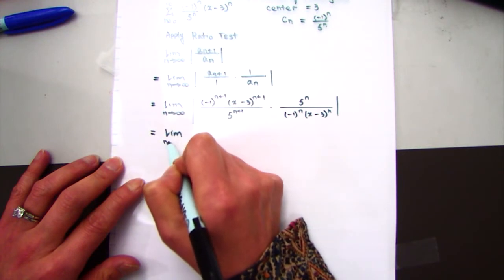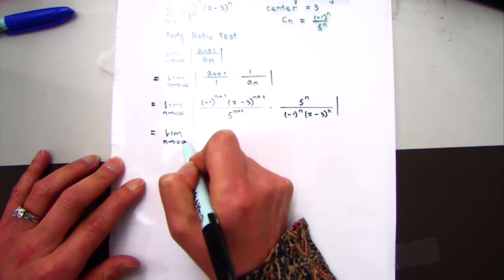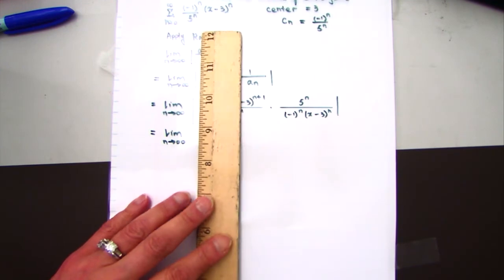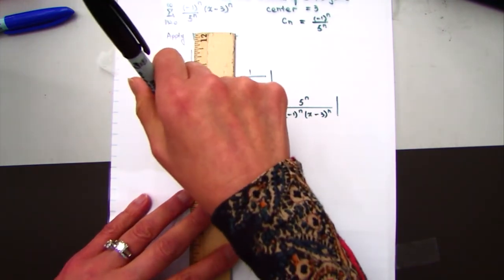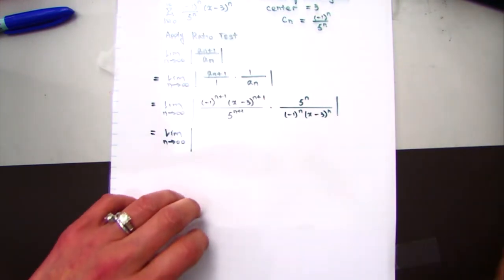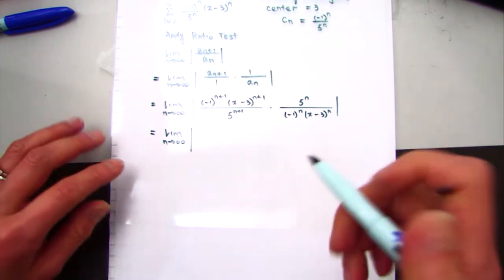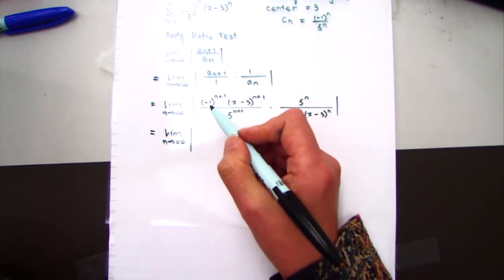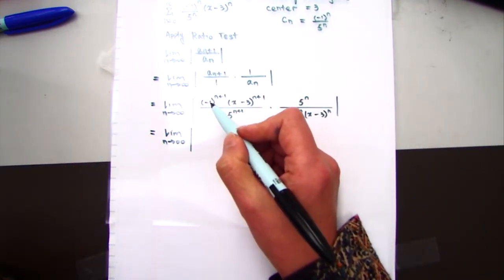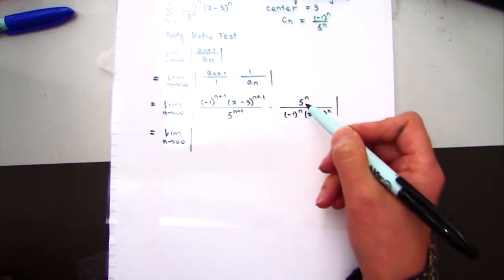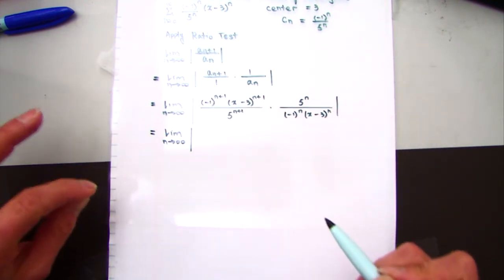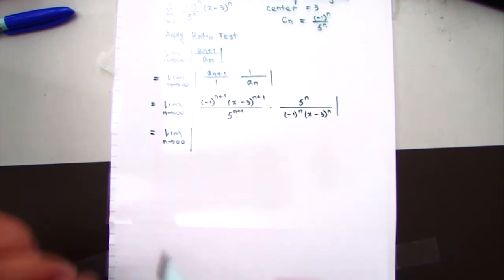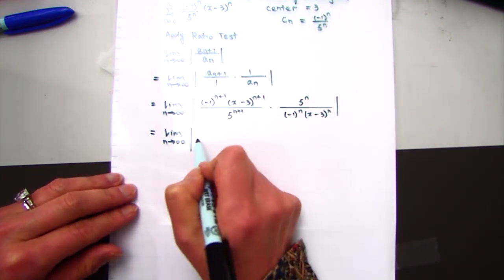And I will do enough problems so you feel comfortable. Absolute bar. Okay. And I'm myself an organization freak, you know me. So I'm going to prepare 3 groups, the alternating signs, the 5s, and then the x minus 3s, because that's how I cancel. Okay, start with the alternating signs.